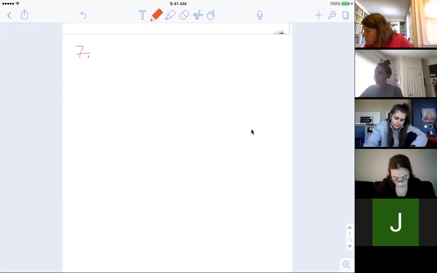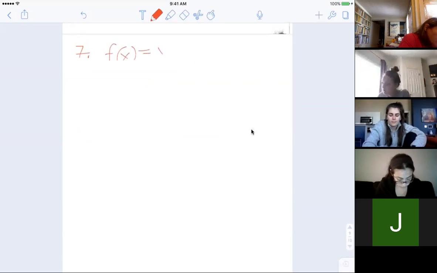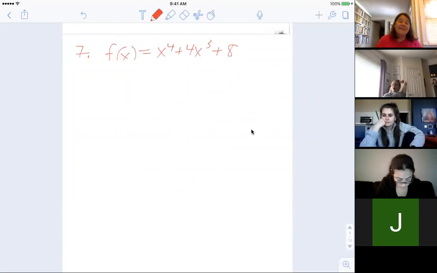Okay, so it's x to the 4th plus 4x cubed plus 8. All right. So what I want to do is it says find the critical numbers of the function. And that's pretty much all it says. It doesn't tell us to go any further. We could go further. We could find increasing and decreasing. I may do that. But all it says is find the critical numbers.